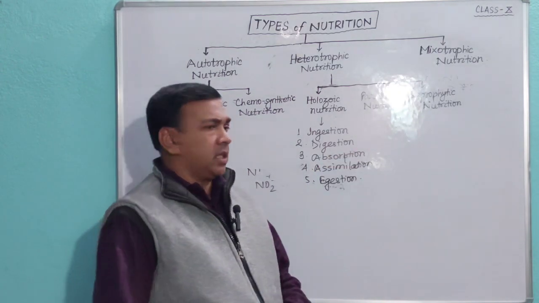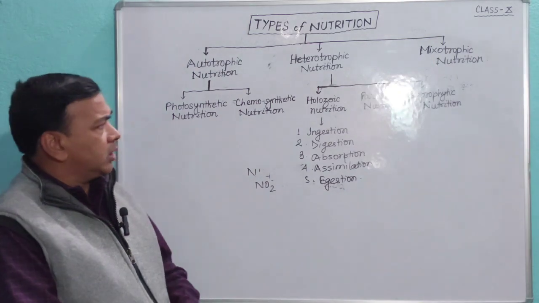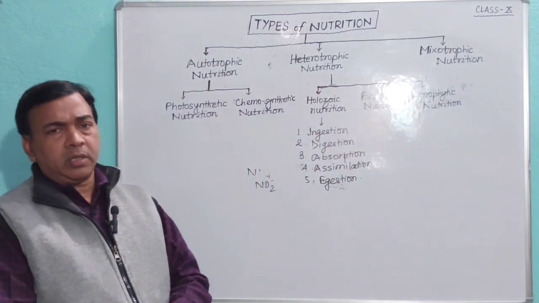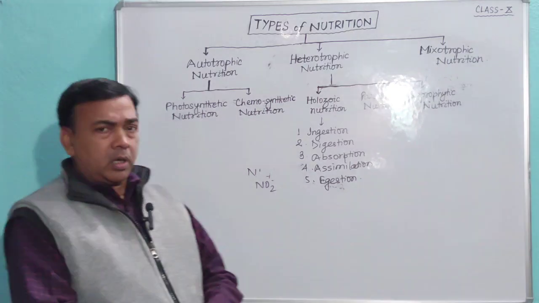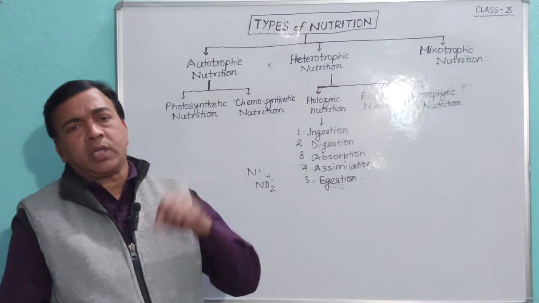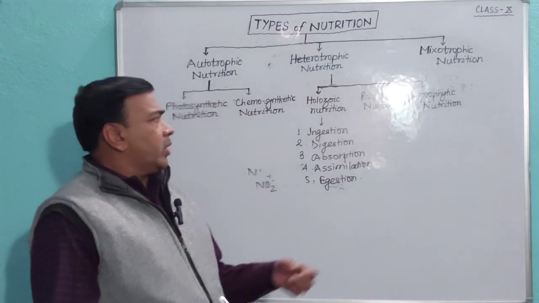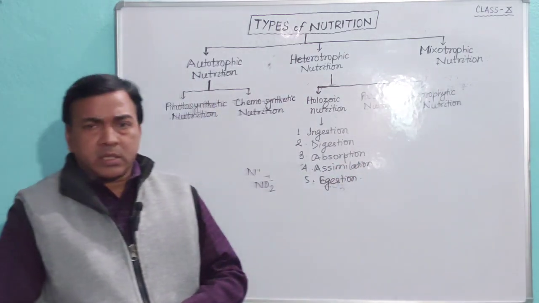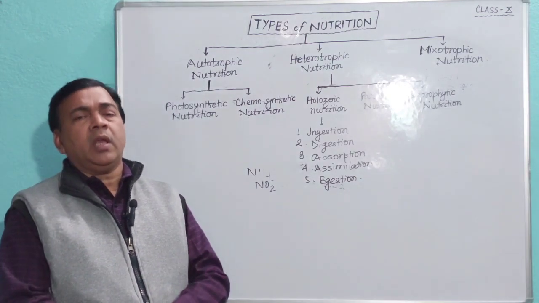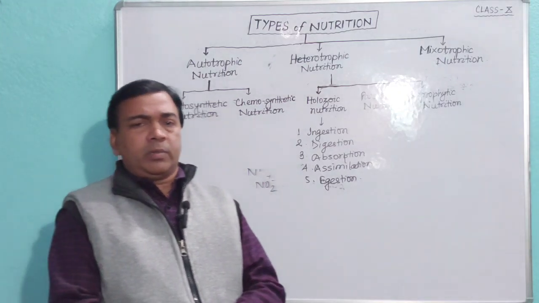Now we will go to parasitic nutrition. What is parasitic nutrition? Parasitic nutrition is a kind of heterotrophic nutrition in which organisms obtain their food from other organisms without killing them. The organisms that get this type of nutrition are called parasites. The parasites may be exoparasite or endoparasite.